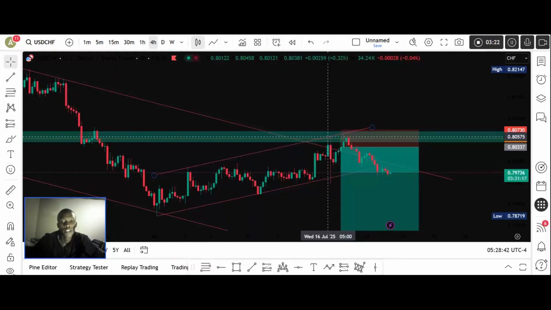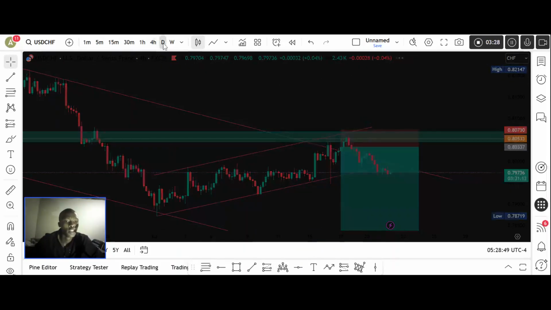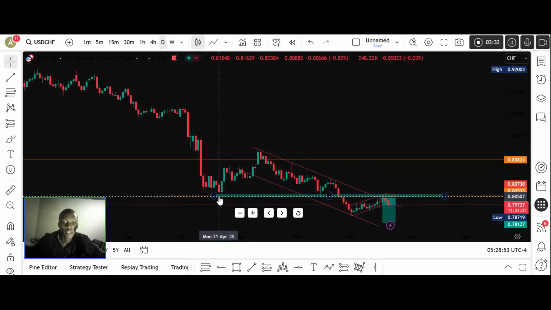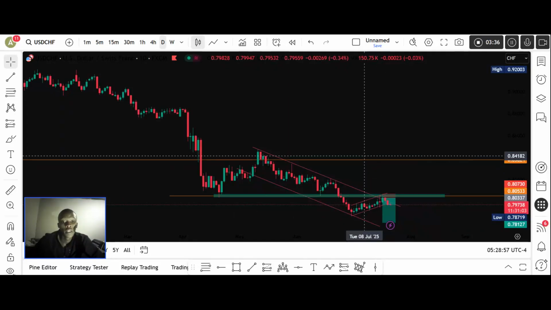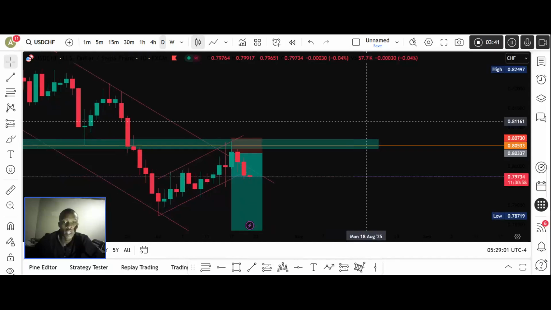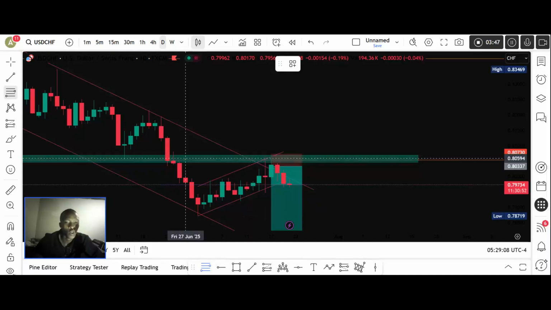After this new higher high, I saw that the price had now reached my level. When I go back to the daily time frame, my level has been tested 1, 2, so this is the third time. I didn't just say, yeah, here we are, taking the trade now. I also use the Fibonacci retracement to confirm.